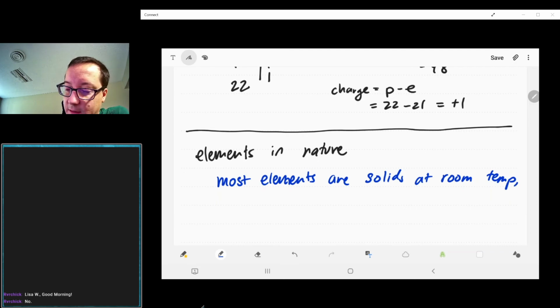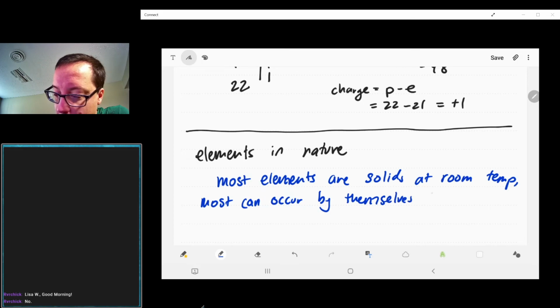And we're going to see that most of them will or can occur both by themselves or in compounds.